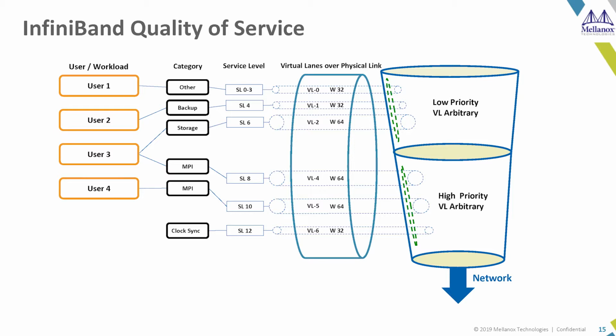From a resource perspective, each service level has its own resources in the switch, and so there's no resource contention at the switch level between elements from different virtual lanes. From a scheduling perspective, higher priority traffic is scheduled before lower priority traffic.